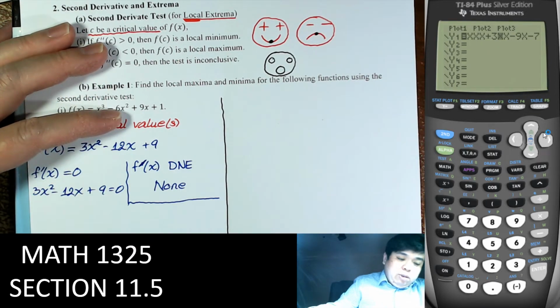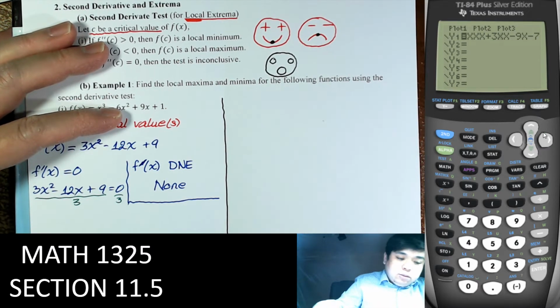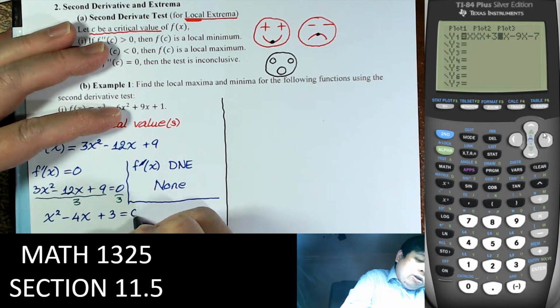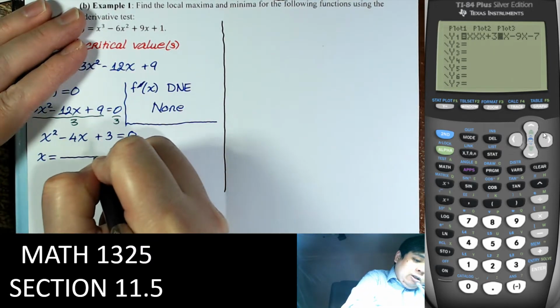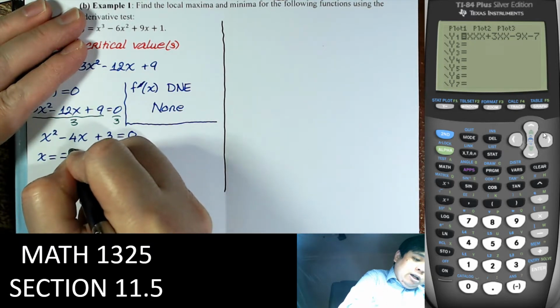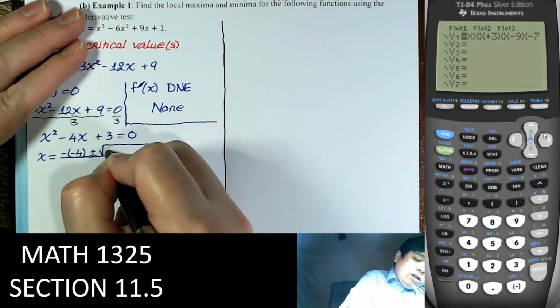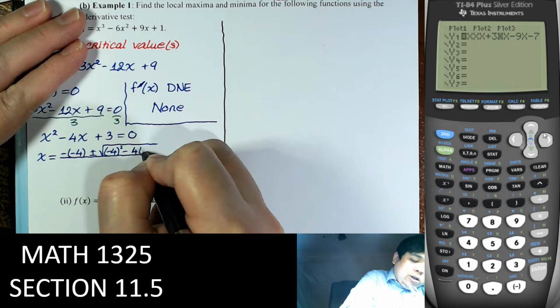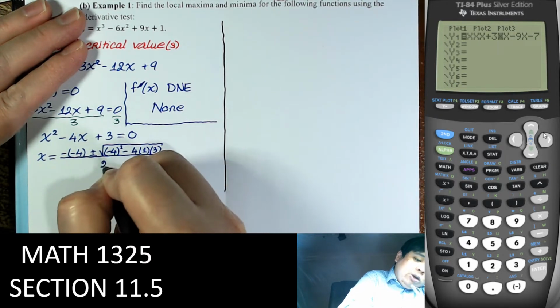Alright, divide everything by 3. So x squared minus 4x plus 3 equals 0. Right, let's use the quadratic formula: negative b plus or minus the square root of b squared minus 4ac, over 2a.